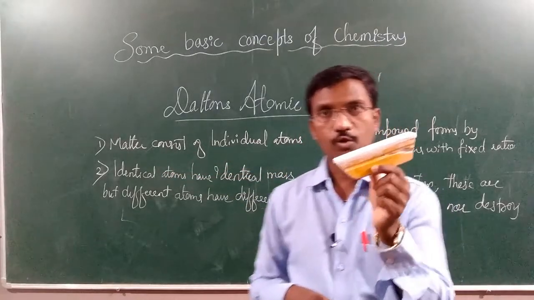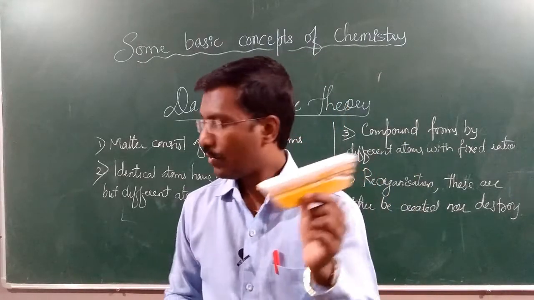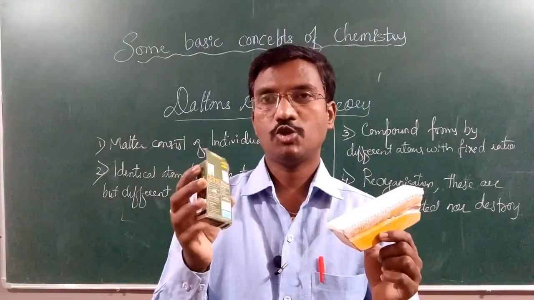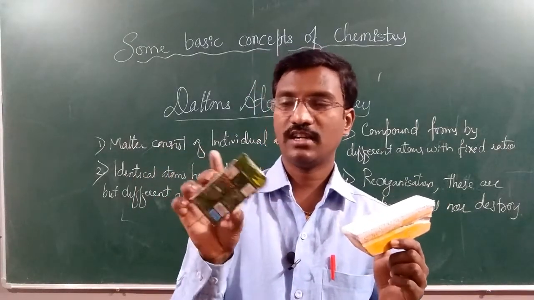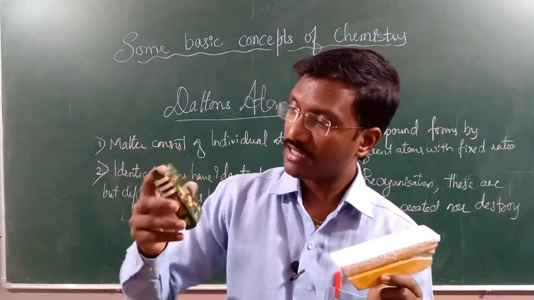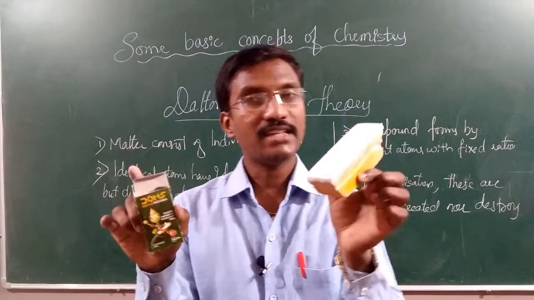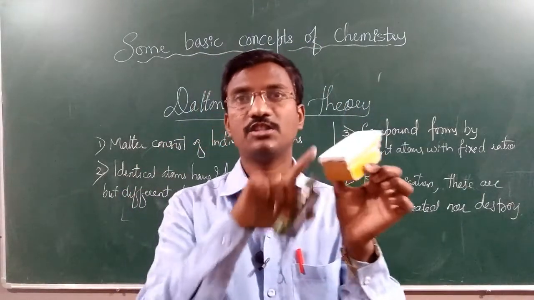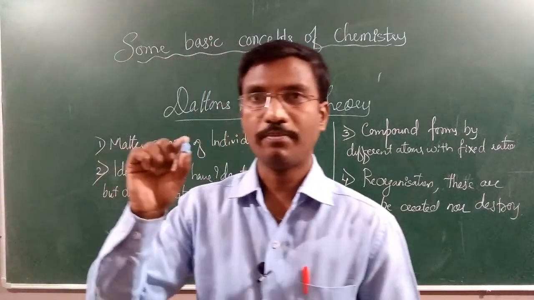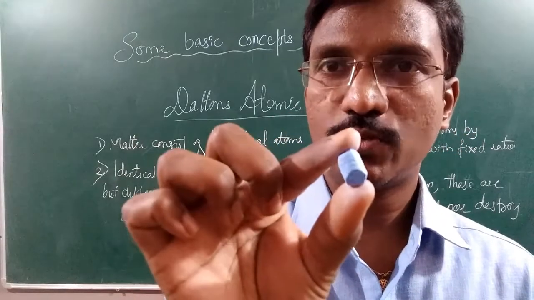If I look at the duster, it has the same atoms, whereas if I look at this plastic container, this box, or paper, it is made up of different atoms. The atoms present in this paper are identical, whereas the atoms present in this wood or duster are identical, whereas the atoms present in this chalk box are also identical.